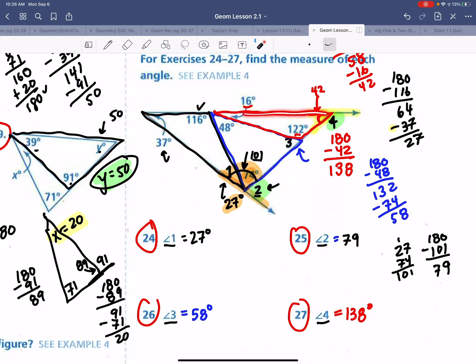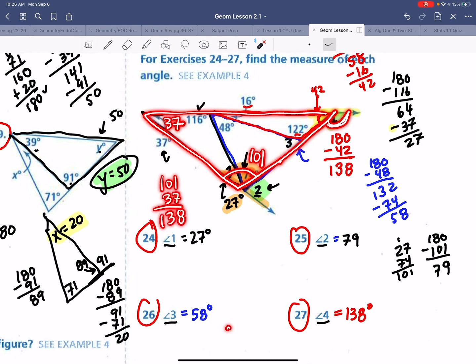So you can also notice this angle here, 101 plus 37, does add together for this angle 4. 101 and 37 adds up to 138. Angle 4 we found was 138.